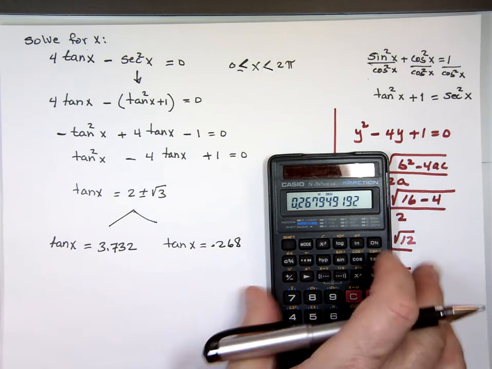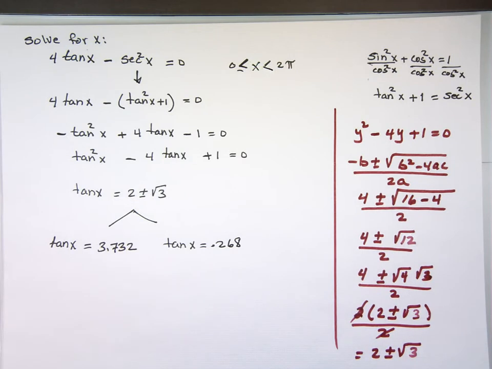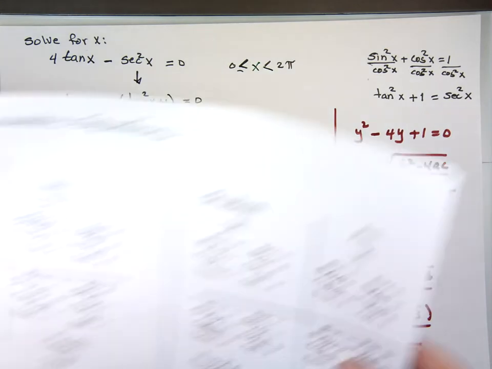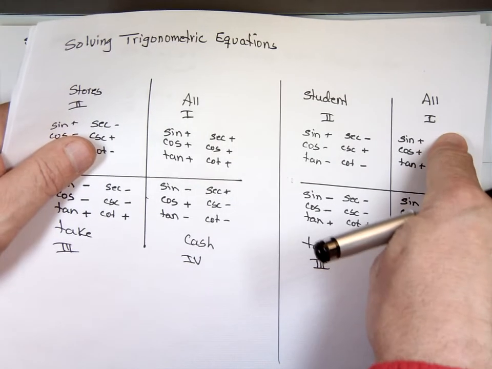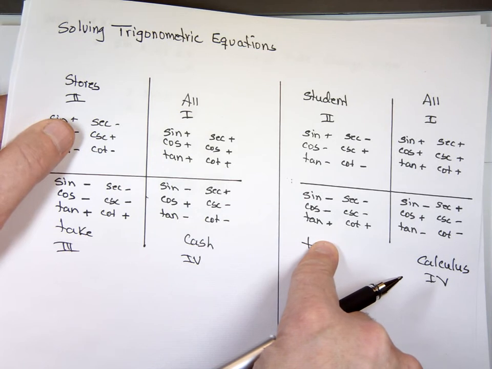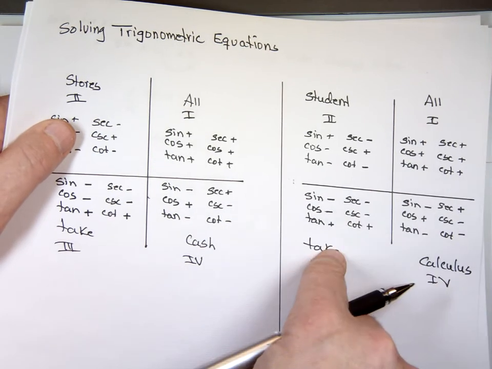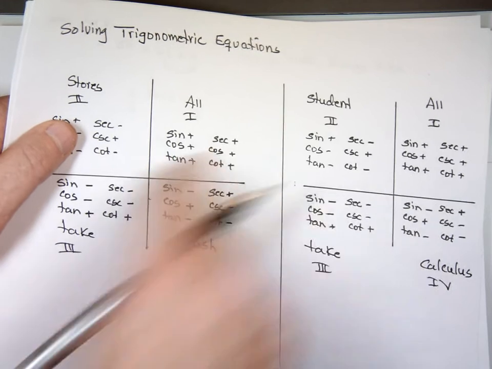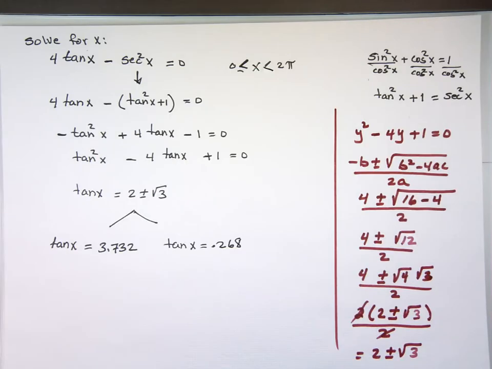Now, let's talk about the tangent. Where's the tangent positive? Tangent is positive in which quadrant? 1 and what? 3. 1 and 3. The calculator is only going to give me one of them. So let me find out where x is.